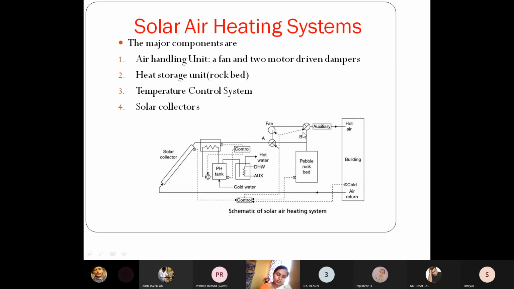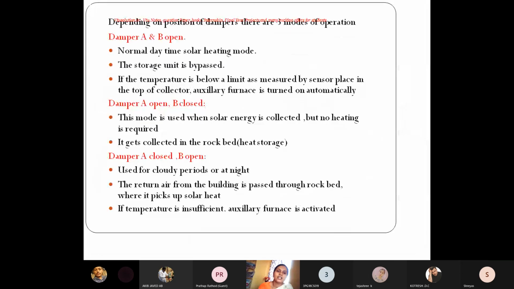Depending on the position of the dampers, there are 3 modes of operation. When dampers A and B are open, what happens? It is the normal daytime solar heating mode, and the storage unit is bypassed.